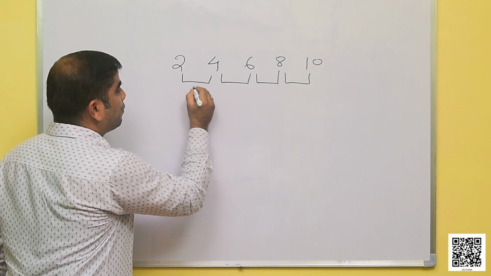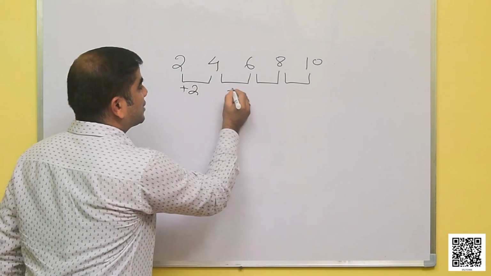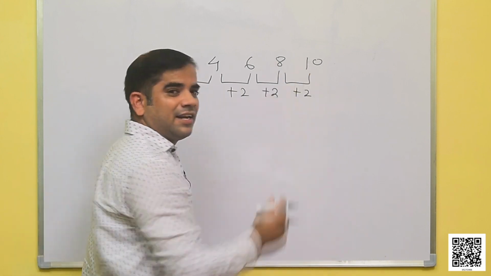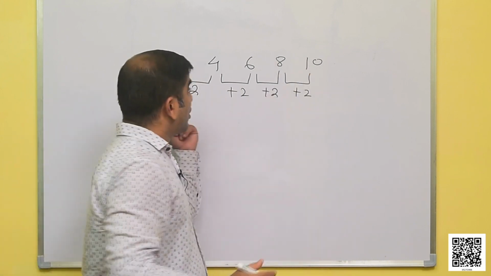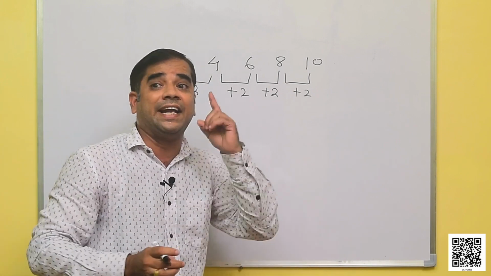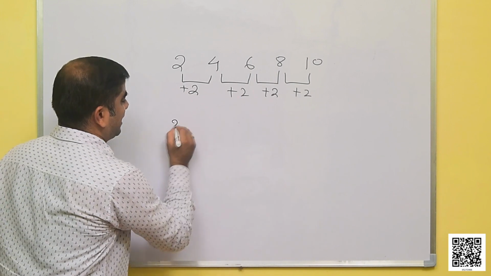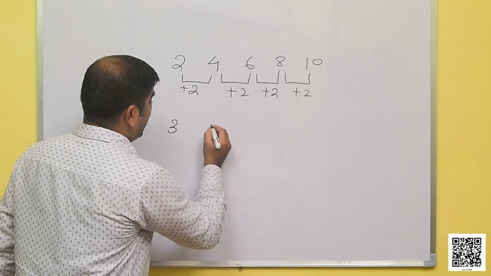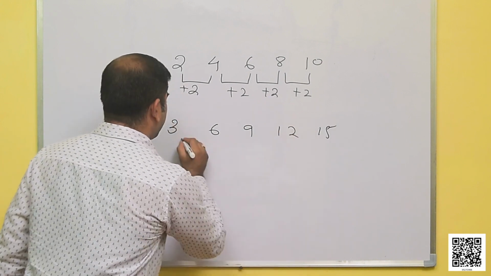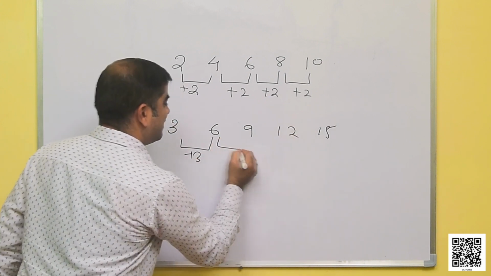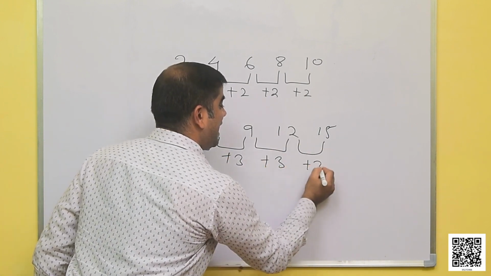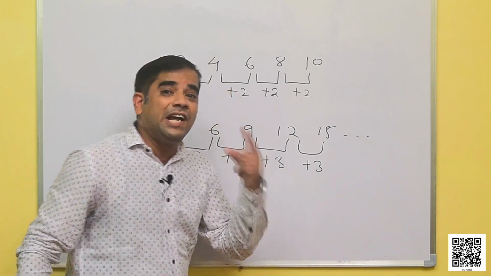Starting from 2, 2 plus 2 is 4, plus 2 is 6, plus 2 is 8, plus 2 is 10. That means in case of multiples, they go on with an increment of the starting number itself. In case of 3, let's check. Is it happening so? 3, 6, 9, 12, 15. See the difference: 3 plus 3 plus 3 plus 3, and it will go up to infinity.